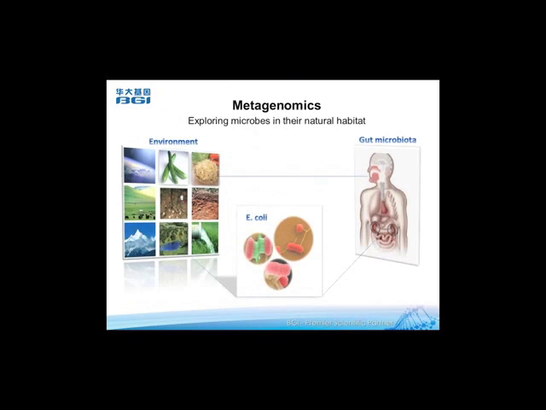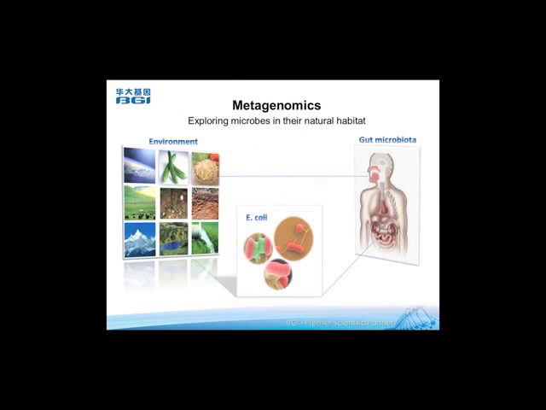Metagenomics is also a field that we spend a lot of effort on. Metagenomics allows us to explore microbes in their natural habitat, and this includes both cultured and unculturable microbes. As you may know, over 90% of microbes are unculturable, and metagenomics provides a way for us to study them.